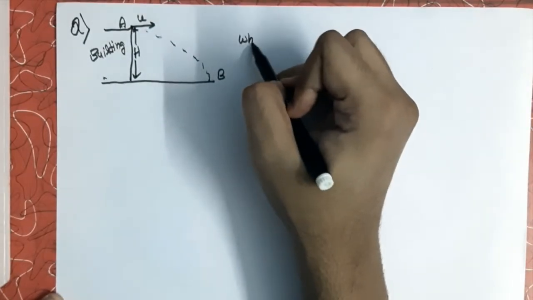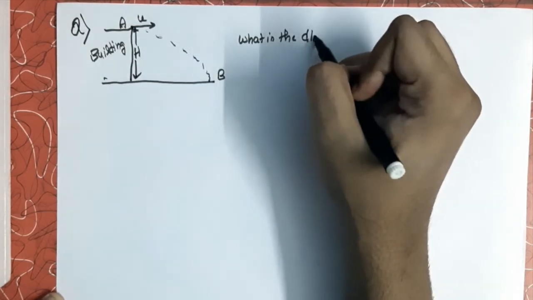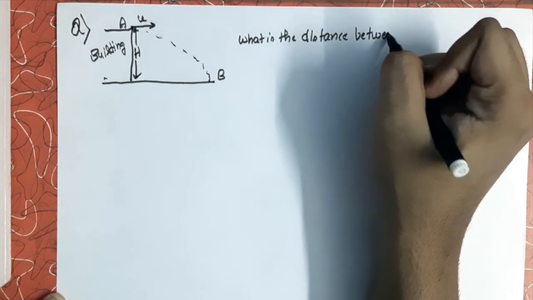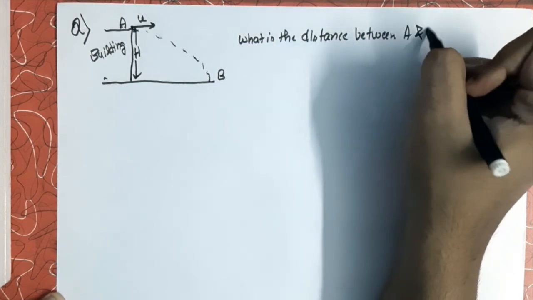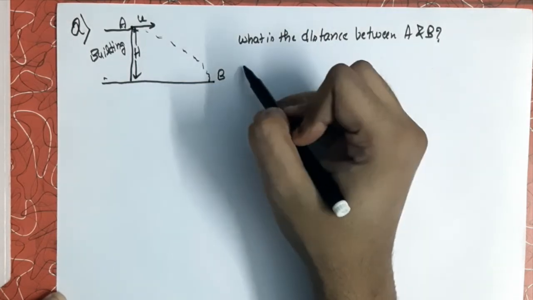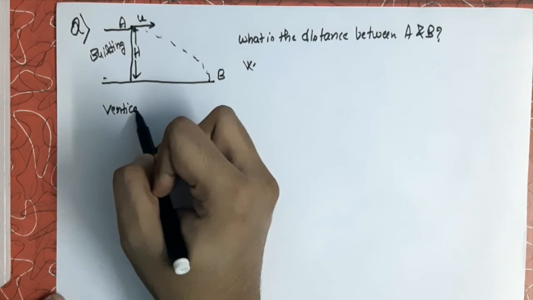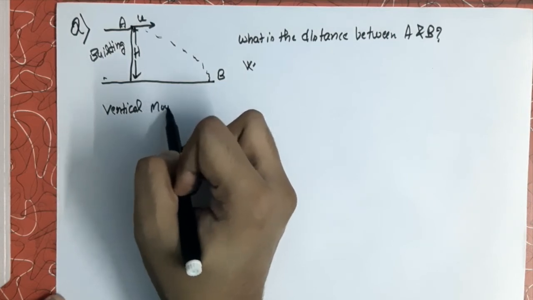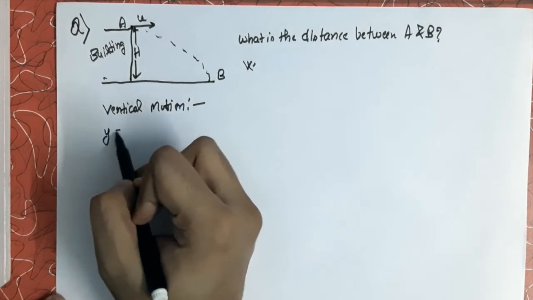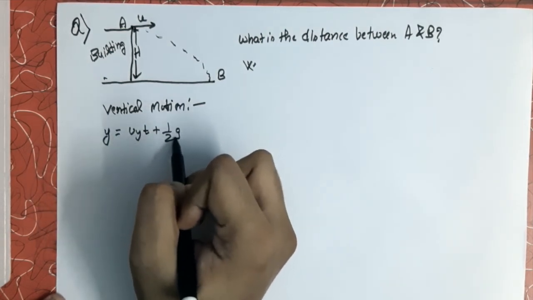So what is the distance between A and B? We need to find this. So in vertical motion, we can write y is equal to uy into t plus half of g t square.